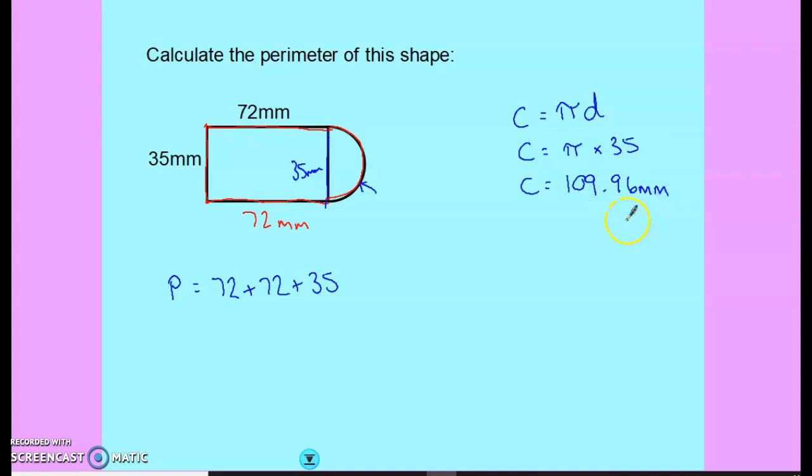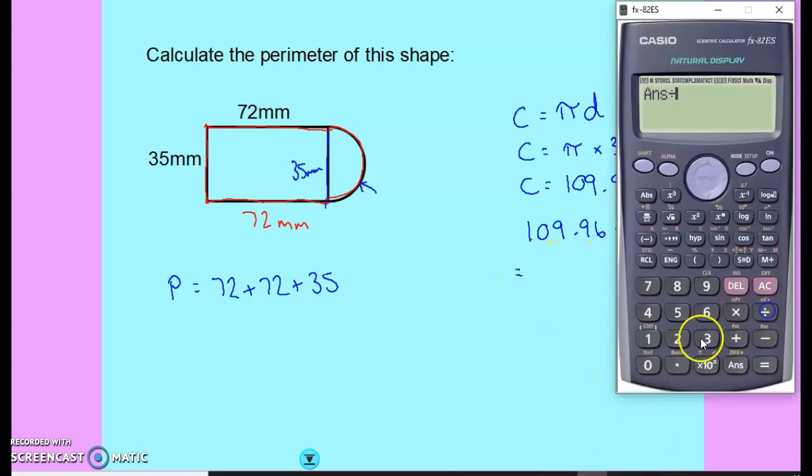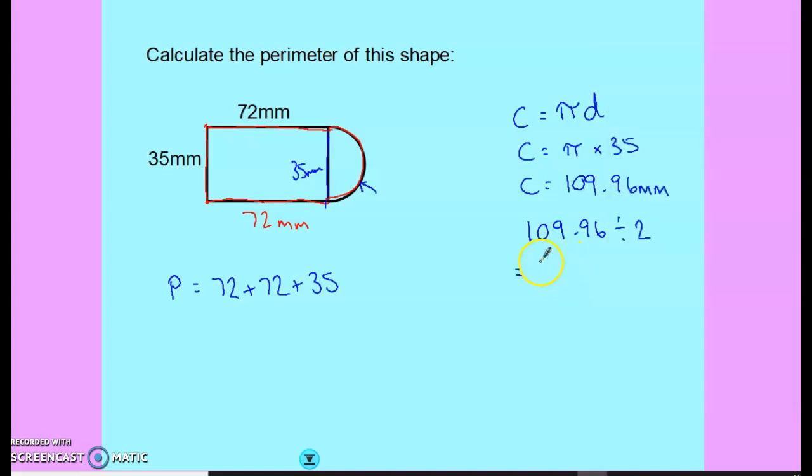I don't have a full circle. That would be a full circle. I've only got half a circle, so I need to half that. Dividing that by 2 gives me 54.98.